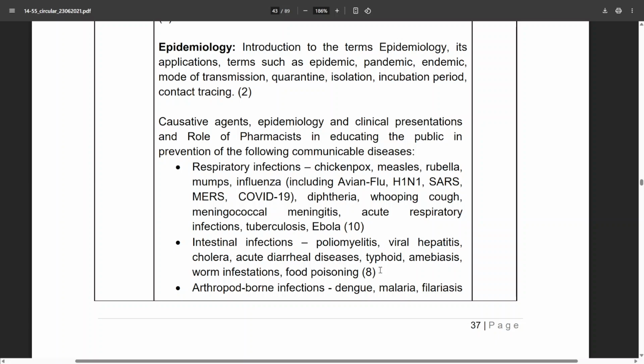Intestinal infections: poliomyelitis, viral hepatitis, cholera, acute diarrheal disease, typhoid, amoebiasis, worm infestations, food poisoning.